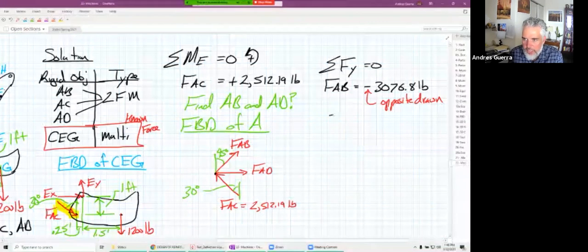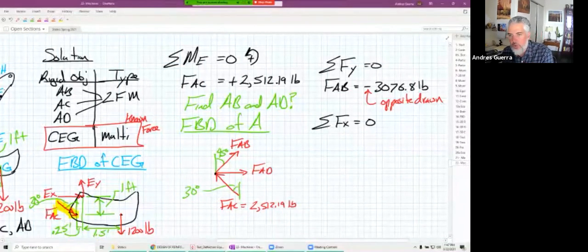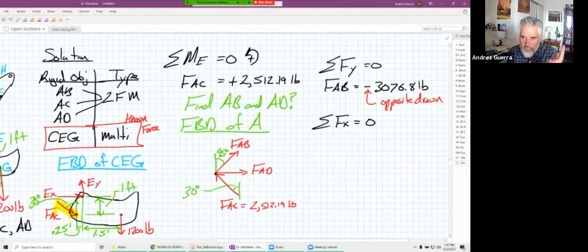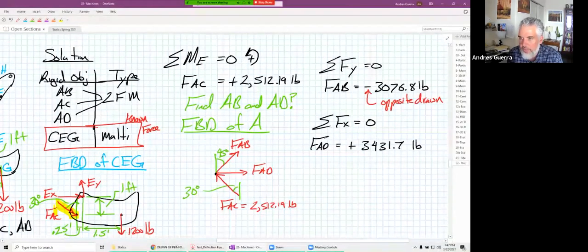And then we can sum forces in the x now. The reason I picked forces in the y first is because I only had one unknown in the y. Originally I had two unknowns in the x. Well, now that I found my FAB, I only have one unknown in the x. And when I plug that in, I'm going to find that FAD is equal to a positive 3,431.7 pounds.